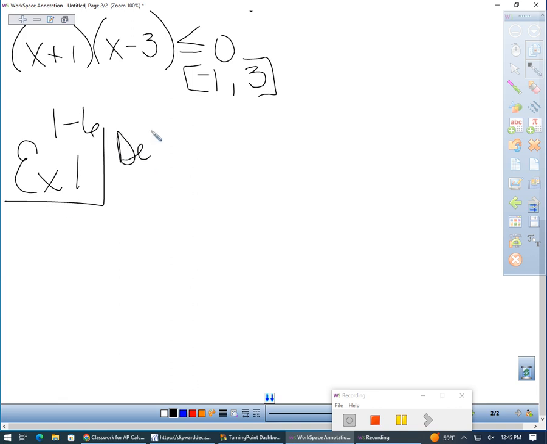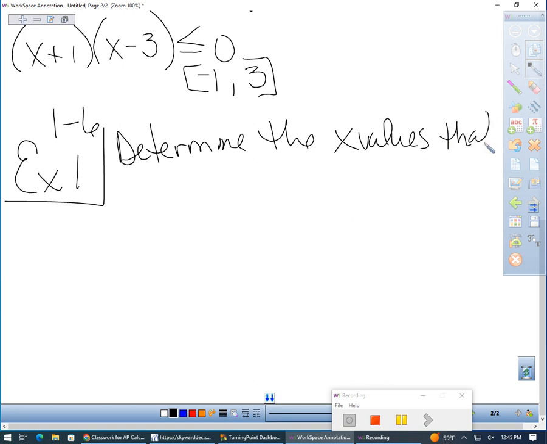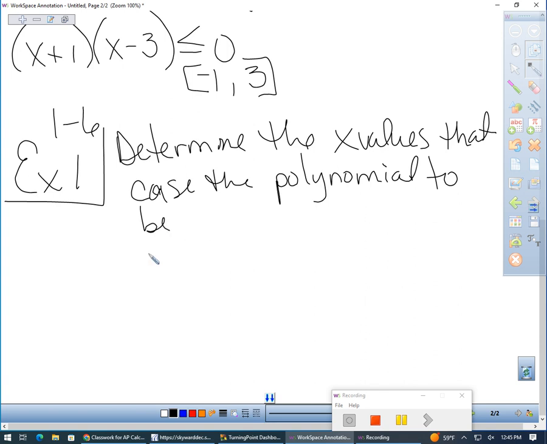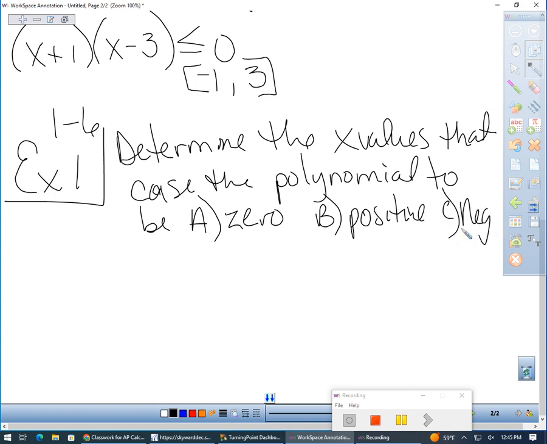Determine the x values that cause the polynomial to be, and that gives you 3 options. We want to know where they're 0. We want to know where they are positive. And then for part C, we want to know where they are negative.